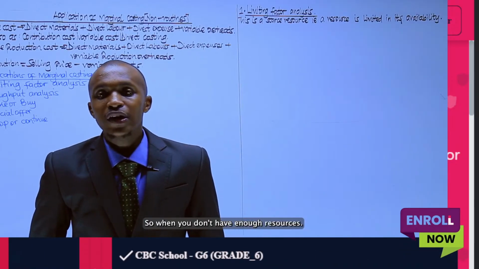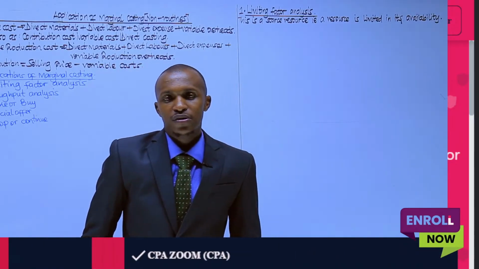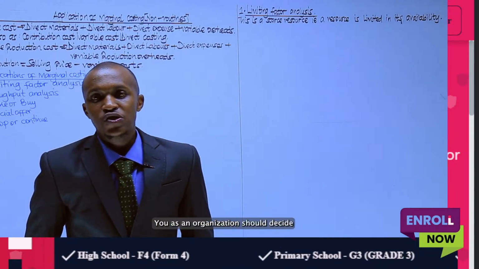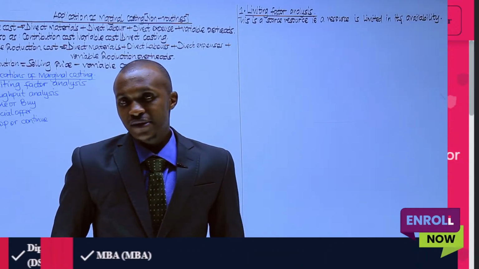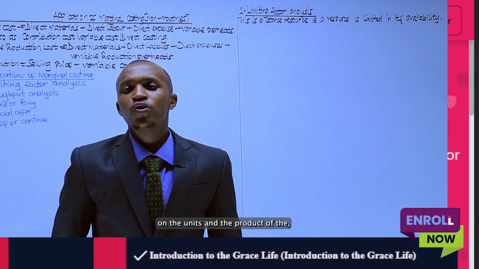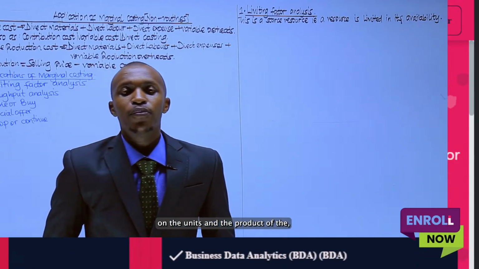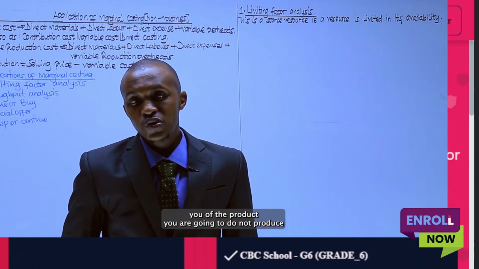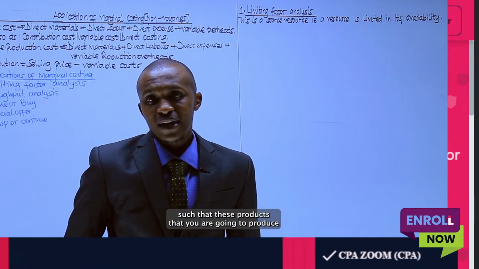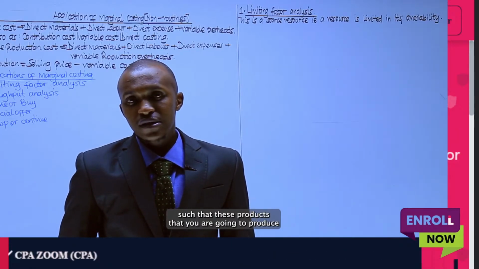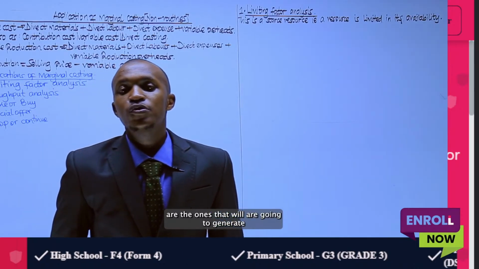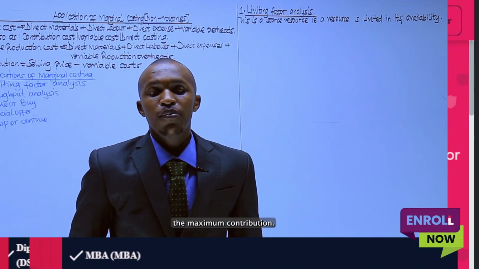So when you don't have enough resources, you should decide on the units and the products you're going to produce, such that these products are the ones that are going to generate the maximum contribution.